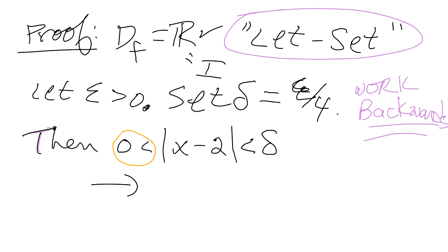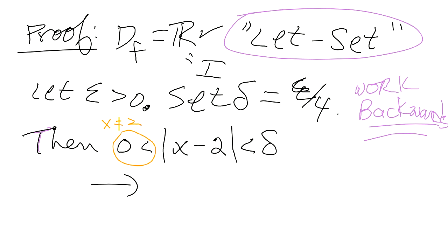Since x minus 2 is an absolute value, absolute values are greater than or equal to 0. So the only thing that this orange circle says is that it doesn't equal 0. The rest being positive is obvious, but that just means that x doesn't equal 2. For a limit, remember, we can get as close to 2 as we want without touching it. So this orange part just says that x doesn't equal 2. Once again, that's not needed for you to show it every time. I'm just telling you that's the right side.